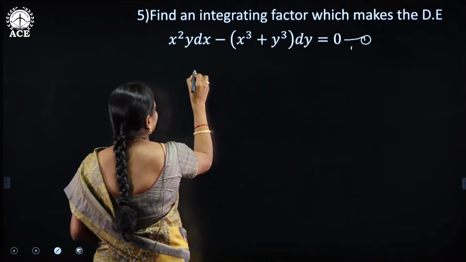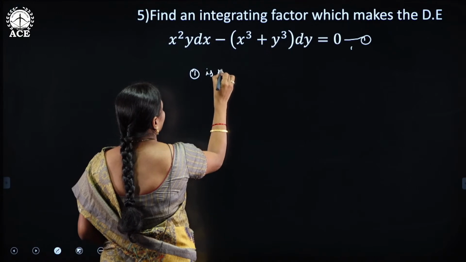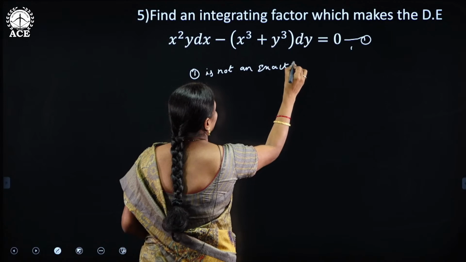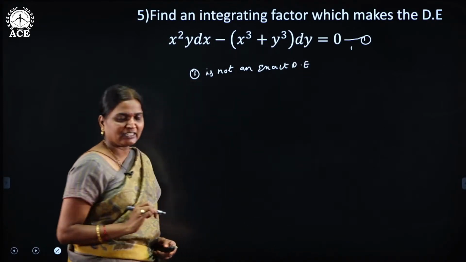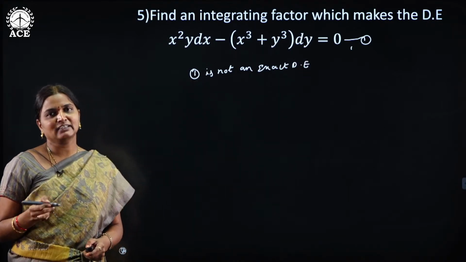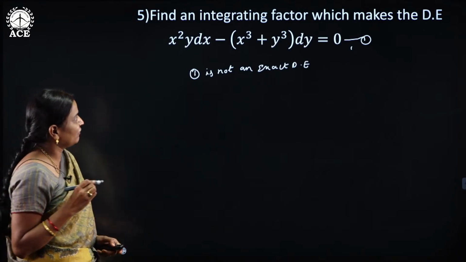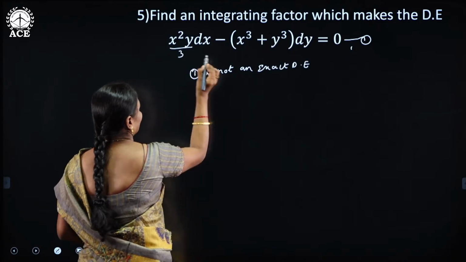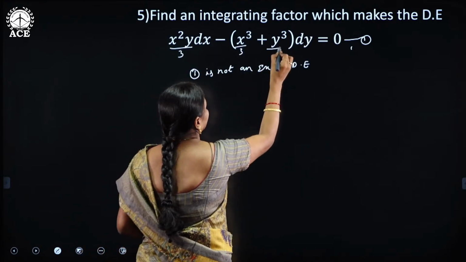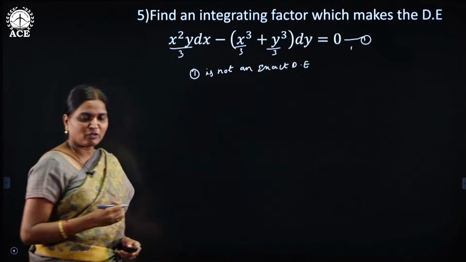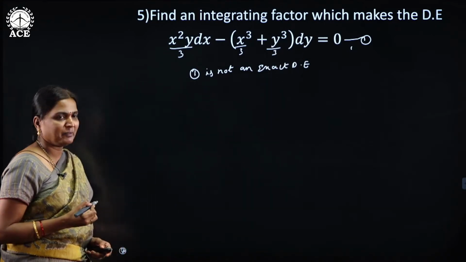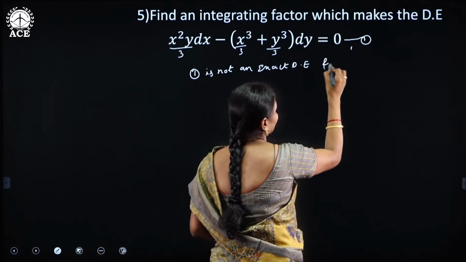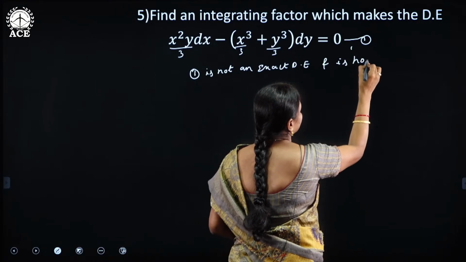So clearly equation 1 is not an exact differential equation. To find the integrating factor, identify the nature of the given differential equation. What is our first method? Homogeneous. What is the degree? Degree 3. That means each term of the given differential equation has the same degree, therefore it is homogeneous. It is not an exact differential equation and is homogeneous.